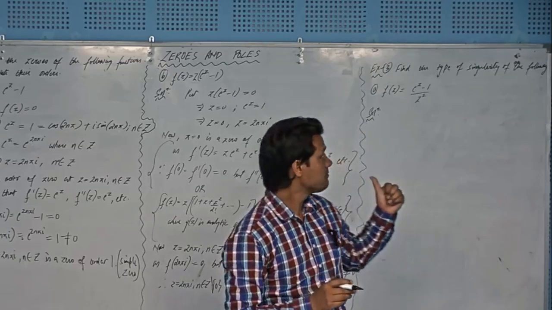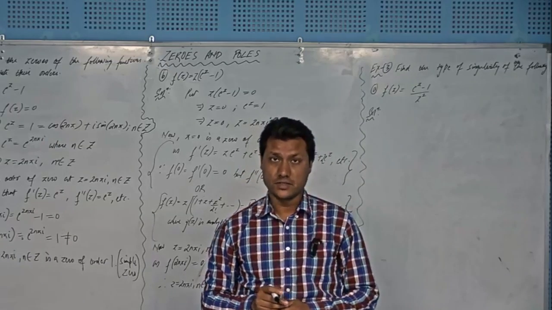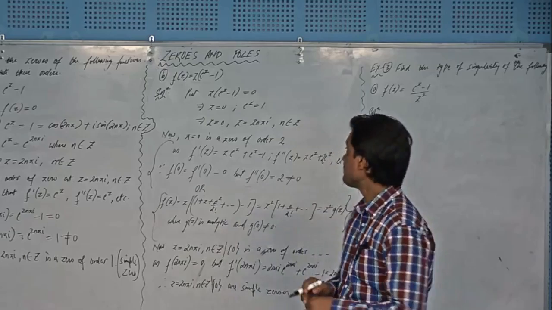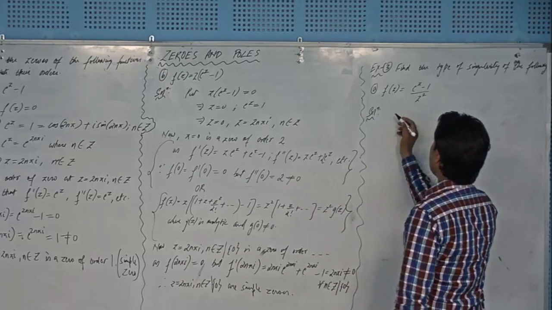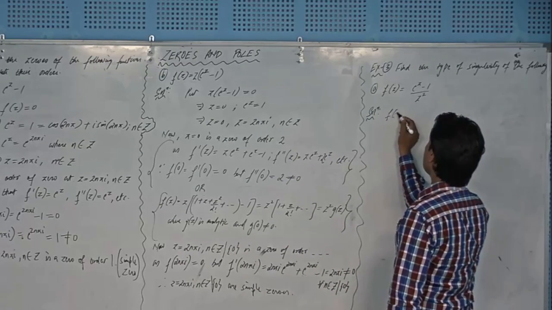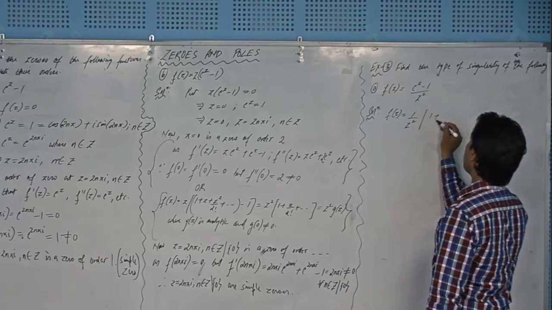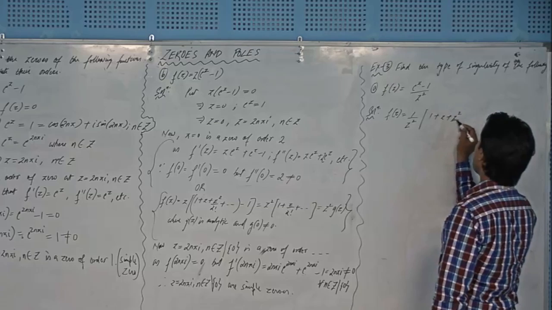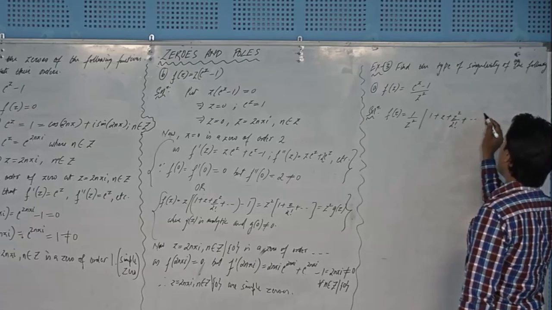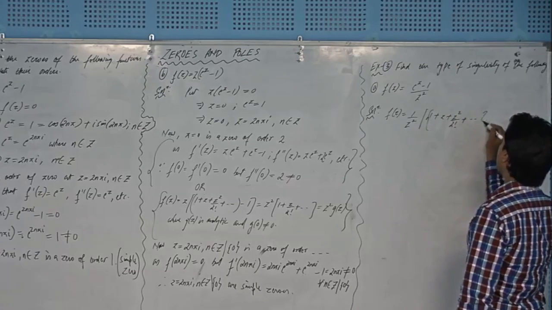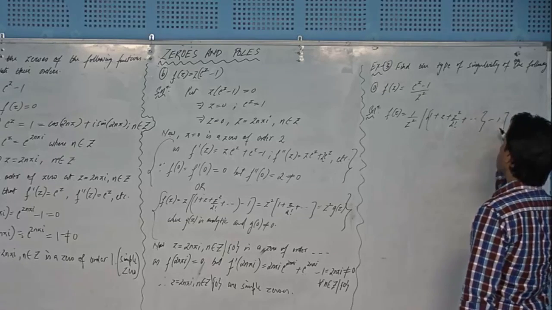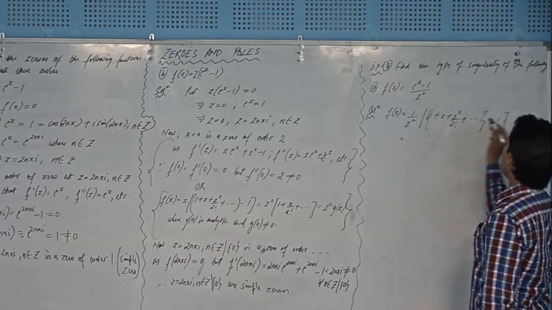I will expand this function by Laurent series, and we'll see what happens. So expanding by Laurent series, we will see that 1 over z square, and this e to the power z will be expanded as 1 plus z square by 2 factorial, and so on, and we have then minus 1 here also, right? And 1 and 1 will be cancelled out.